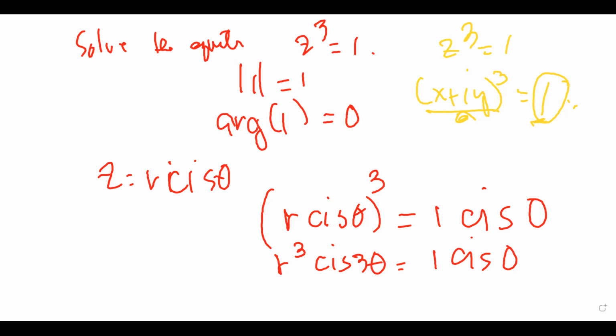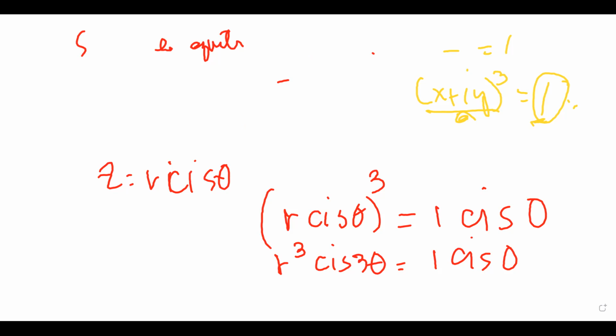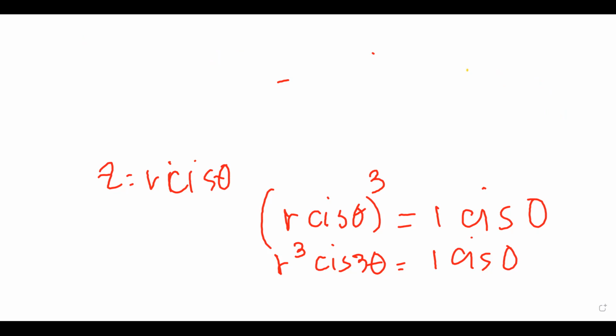So from this last line in our solution, this will give us r cubed equals 1, correct? Or r here is equal to 1, right?